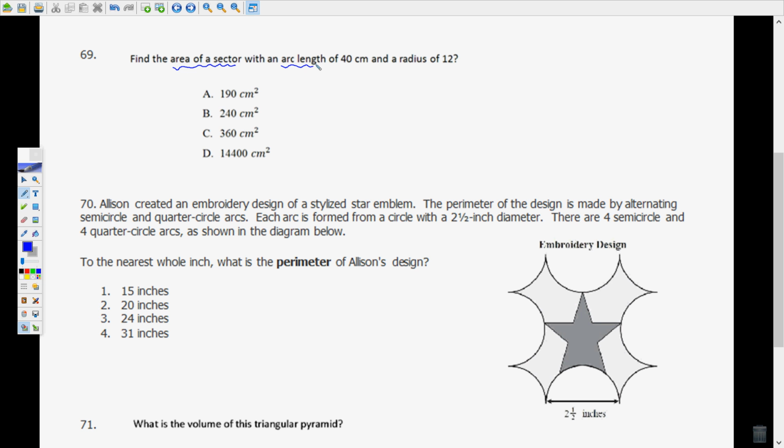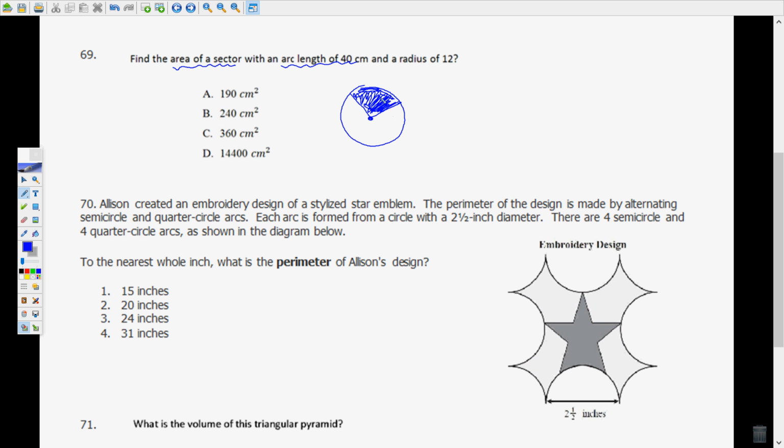We have the arc length, so we're going to start with the arc length. Actually, let me draw this. I have a circle, a little messy, that's okay. We are ultimately looking for the area of the sector in here. Remember, that's like a piece of pie or a piece of pizza.